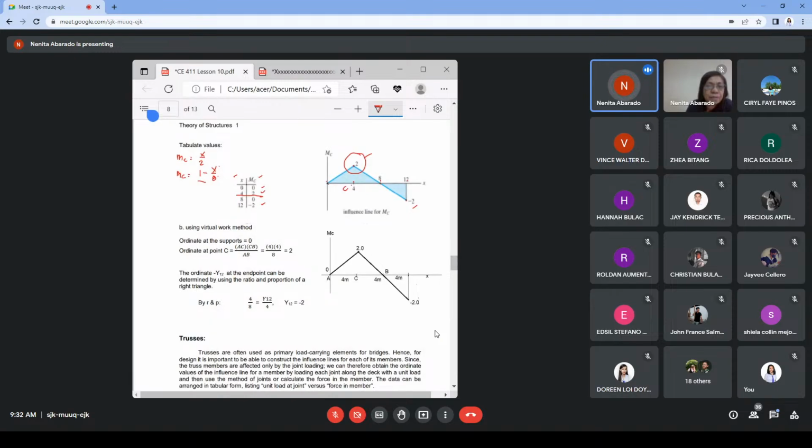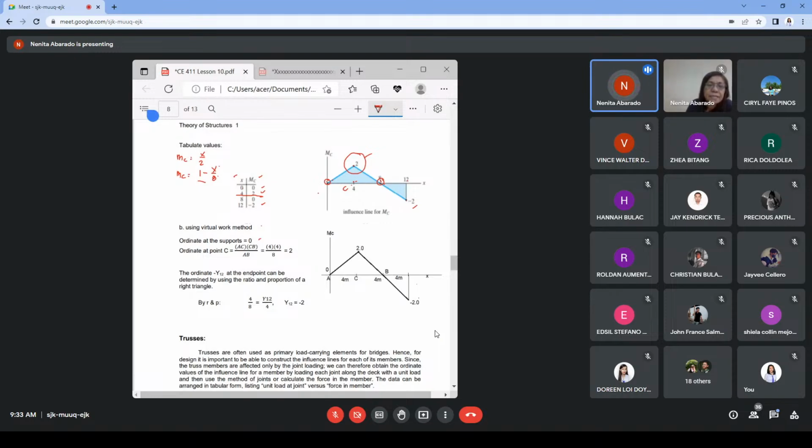Now, the virtual work method. With the virtual work method, we no longer need the reactions or tabulated values. The ordinate at the supports is always 0, at support A and support B. The ordinate at point C, our specified point, is AC times CB over AB.